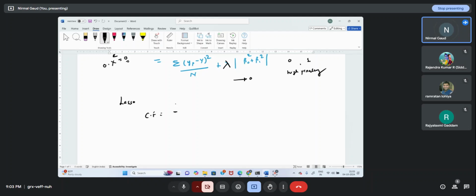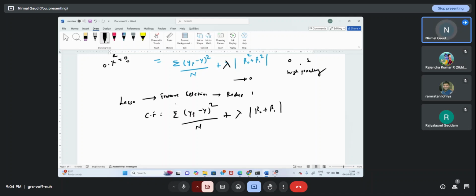It will be summation of (yp minus y hat) square divided by n plus lambda times beta naught plus beta 1. This is Lasso. But remember, Lasso is feature selection. It can reduce features.